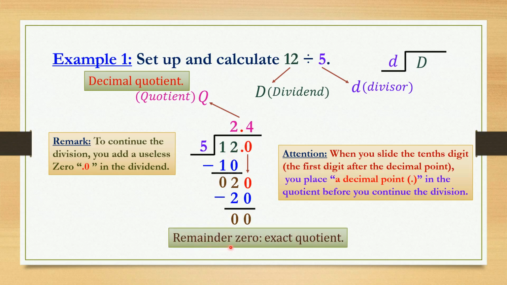So the remainder is 0, so we have an exact quotient. But of course, it's not an exact division, because in an exact division, the quotient should be a whole number while the remainder is 0. Here, the quotient is not a whole number, so we just call it an exact quotient, but the division is not exact.